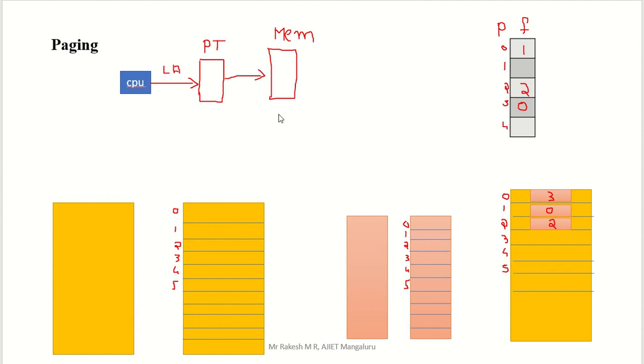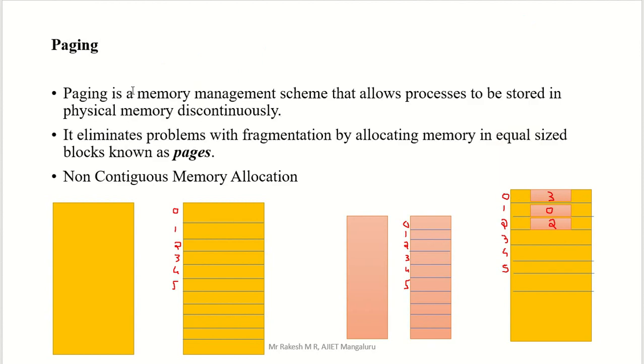Now we will see the theory part. Paging is a memory management scheme that allows a process to be stored in physical memory discontiguously. Second, it eliminates the problem of fragmentation by allocating memory in equal-sized blocks known as pages.